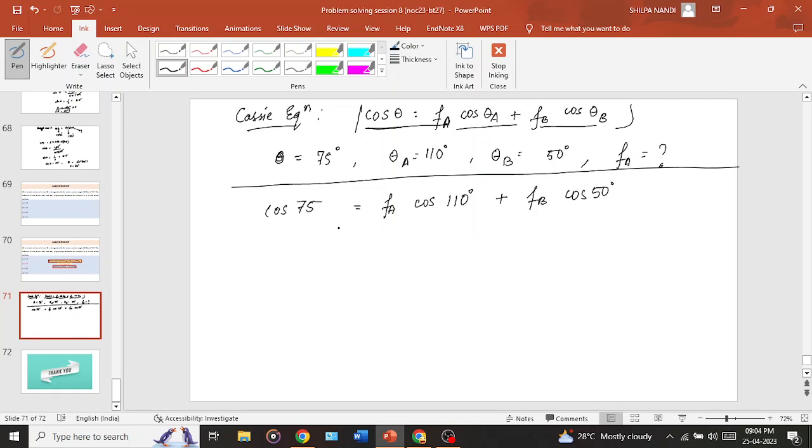So fraction A plus fraction B is actually 1. So you can write fraction B as 1 minus fraction A. Can we?